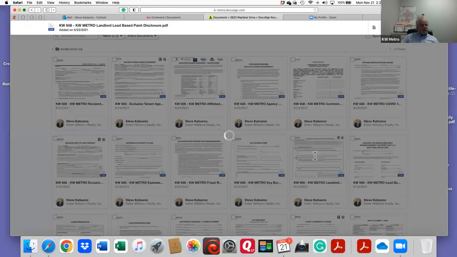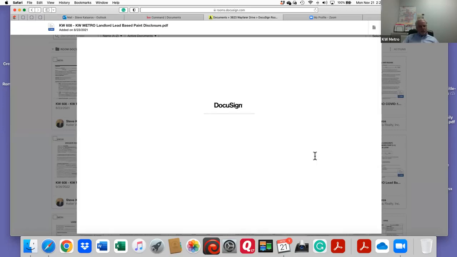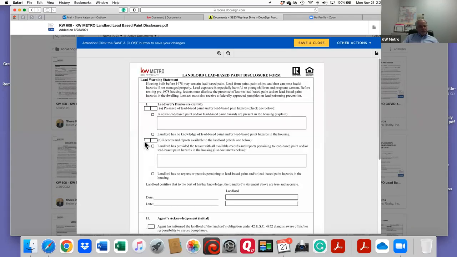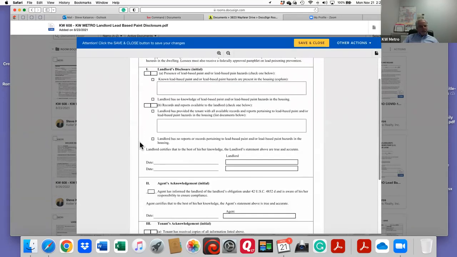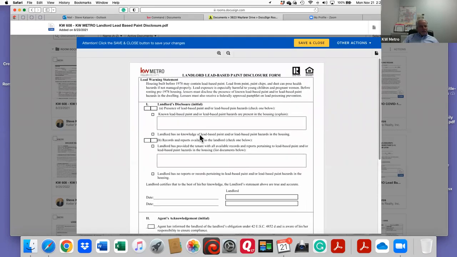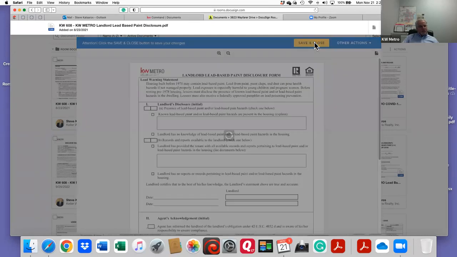So again, lead-based paint. We have a specific lead-based paint form that is used for the landlord when the house is built before 78. It's similar to the other form, but it just says landlord tenant on it, so it's more specific to a lease transaction. So this is a before 78.